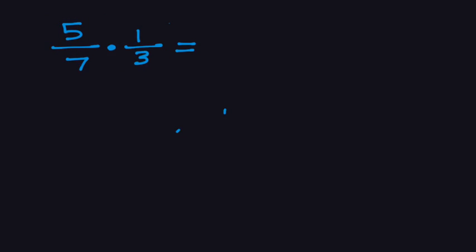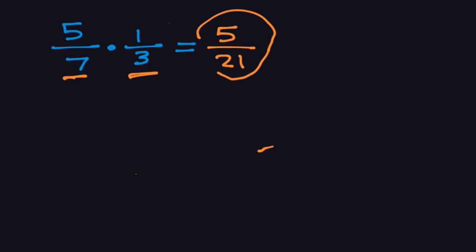So 5 times 1 is 5, so that can be our numerator. And 7 times 3, 21, is our denominator. Since 5/21 cannot simplify, that is going to be our answer for 5/7 times 1/3. Now let's get into dividing fractions.